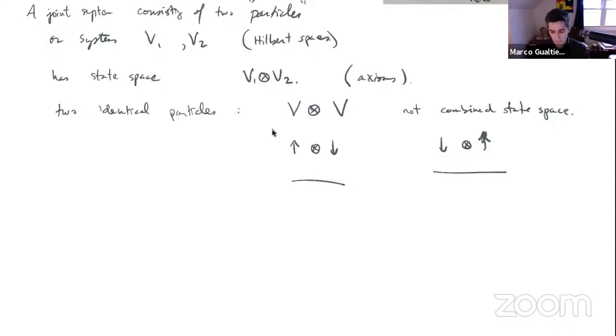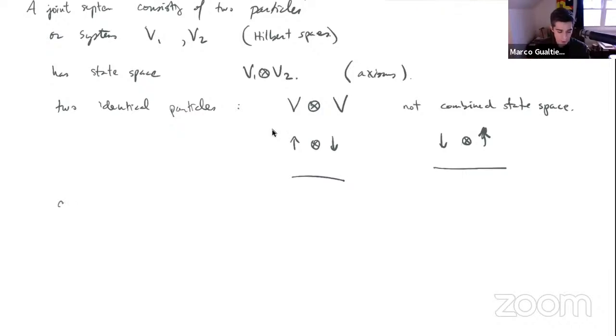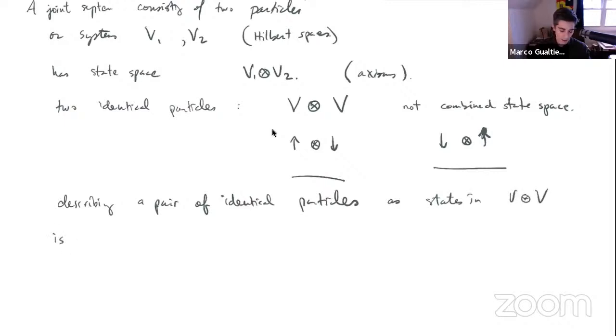So what's going on here? What's going on is that there's an ambiguity in the description. So describing a pair of identical particles as states in V tensor V is not quite right.